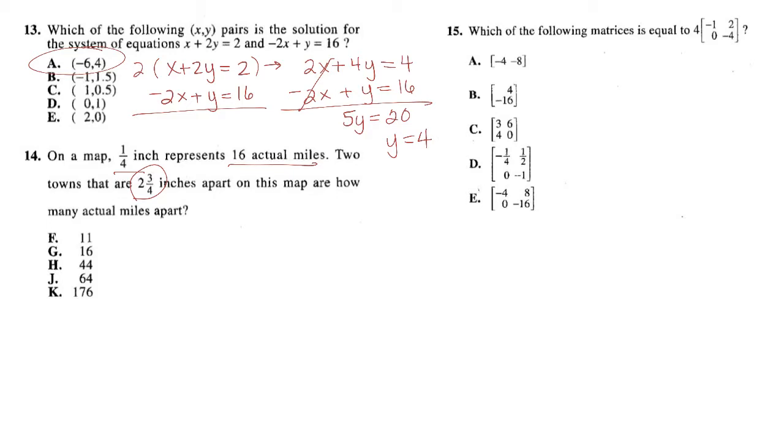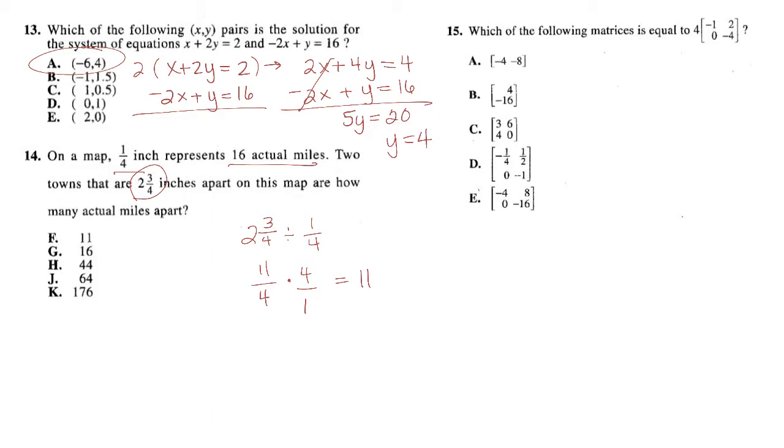So let's see, 2 3/4, and I need to divide that by 1/4 to see how many quarter inches we have. Well, that's going to be 11 over 4 times 4 over 1. So it looks like we're going to have 11 quarter inches.